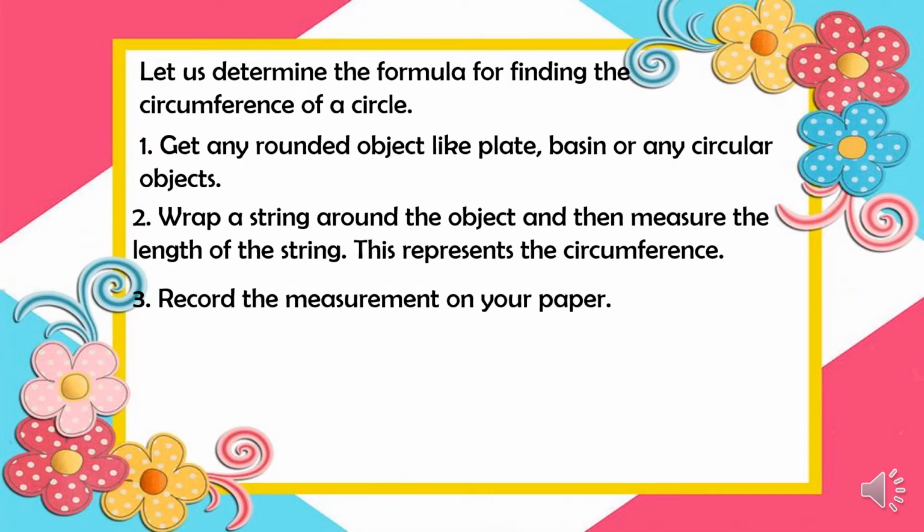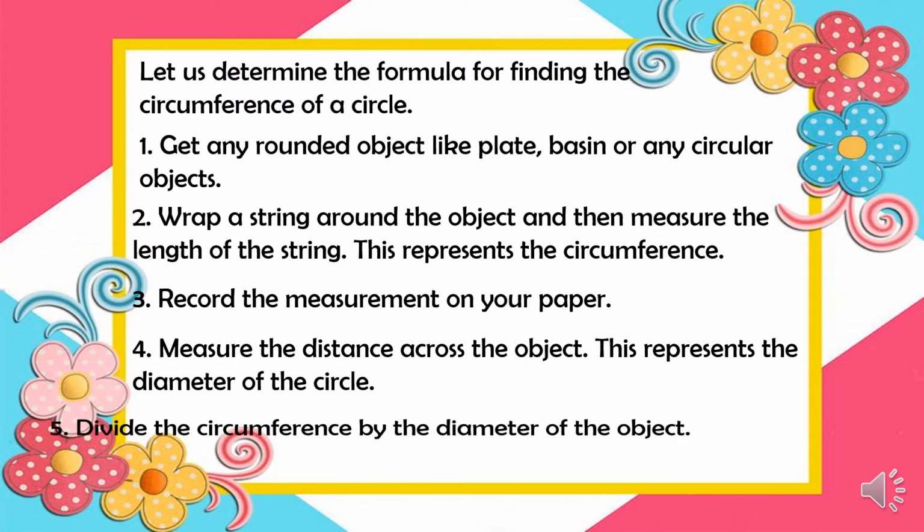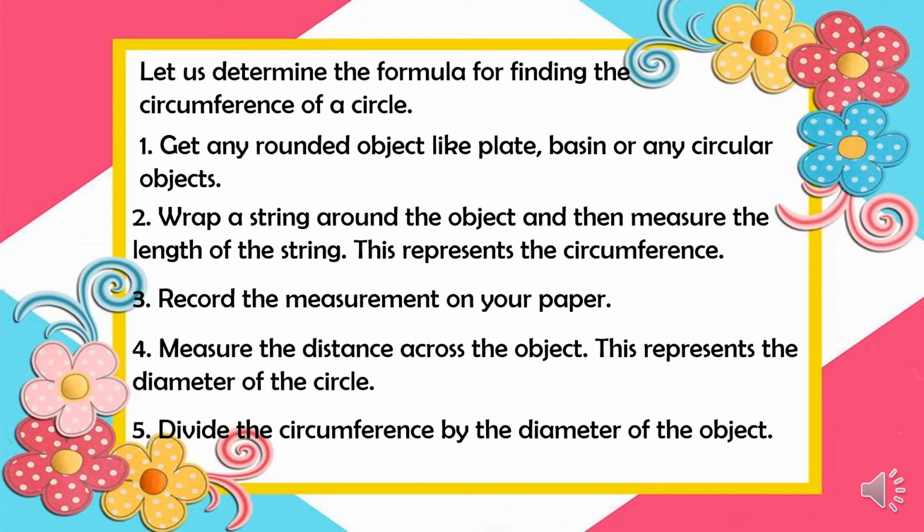Third, record the measurement on your paper. Fourth, measure the distance across the object. This represents the diameter of the circle. And fifth, divide the circumference by the diameter of the object.